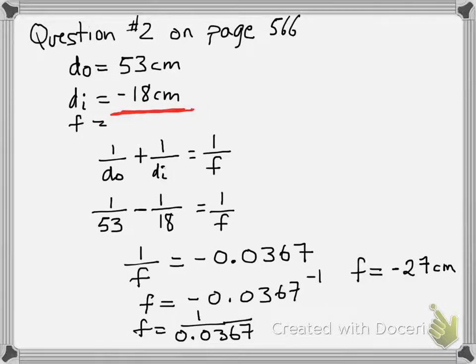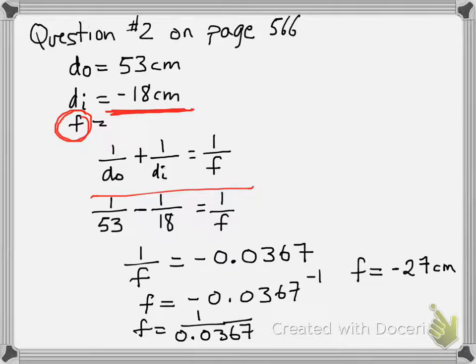Because it goes on, it says an upright virtual image of the pencil is observed 18 centimeters from the lens. So again, that's -18. We also know our answer is going to be negative, because when it is a diverging lens, we know that the focal length is negative. So again, we're going to plug this information into our thin lens equation.